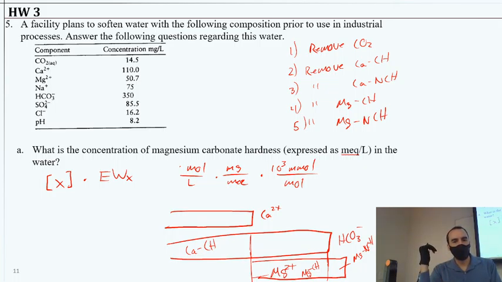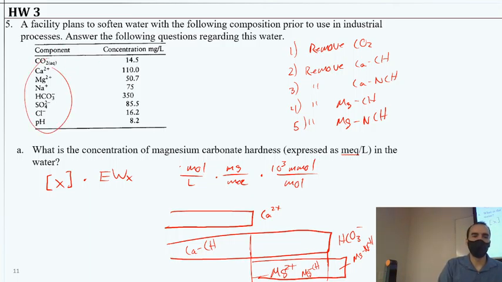So this problem really was all about setting up calculations to determine how much you had. And if you follow the example, the table in the back of the example that we worked through in class, you should be able to set up what these components are essentially equal to in milliequivalents per liter.